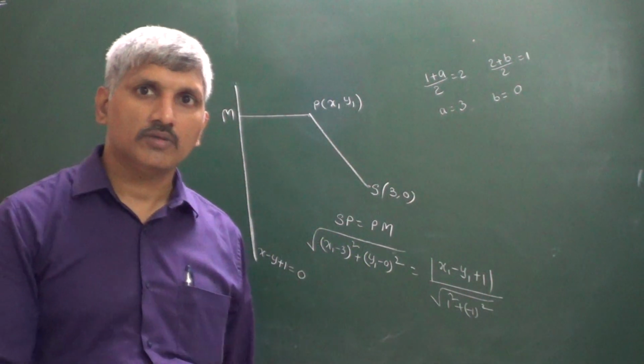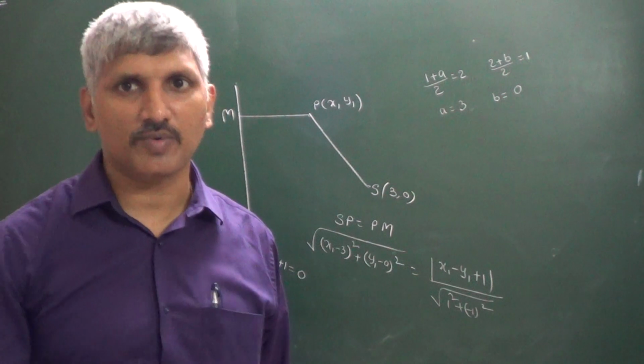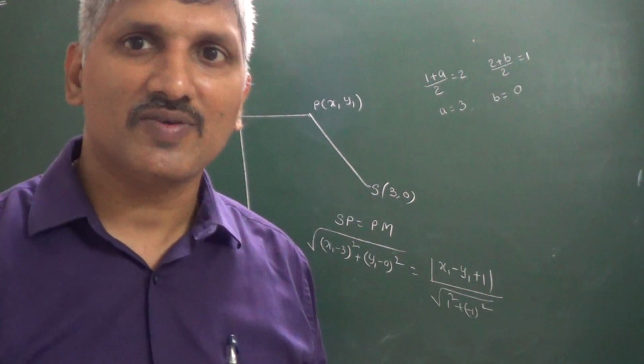The locus: in place of (x1, y1) we write (x, y), and then simplify. We will get the equation of the parabola.